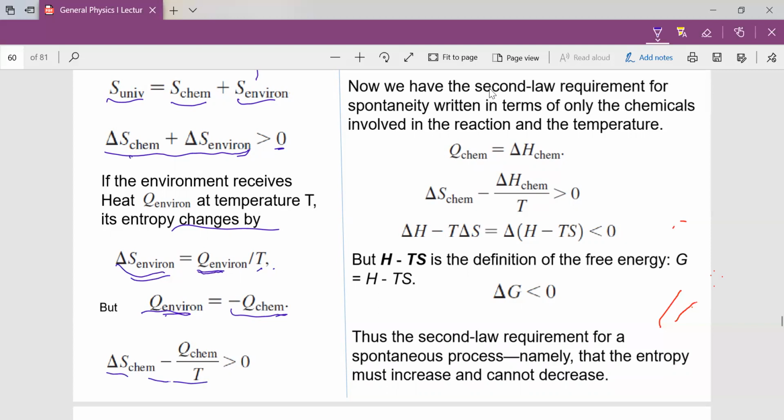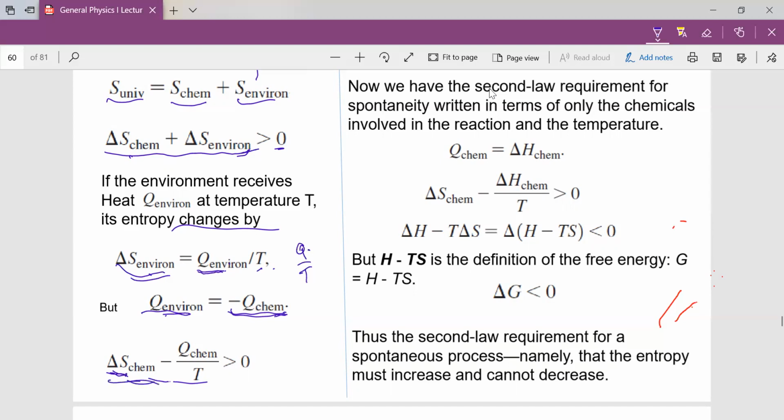That is this expression: the entropy of the environment being Q over T. And we see that the Q is actually minus the heat from the chemical process. Substituting this for that Q, we'll have the entropy of your system minus the heat.